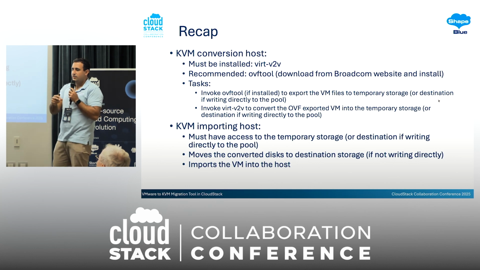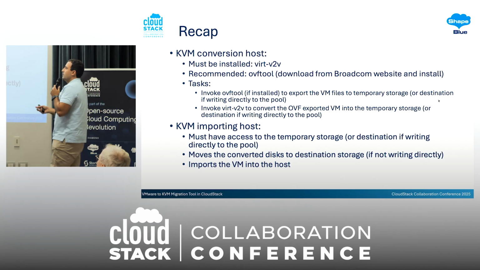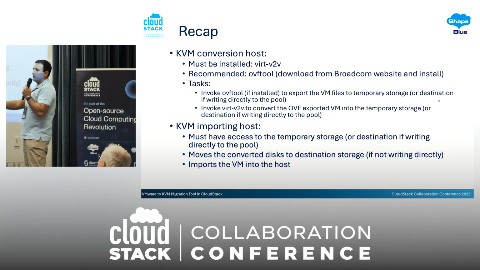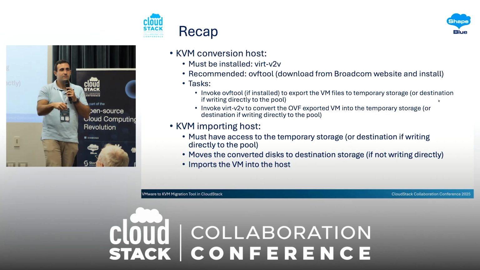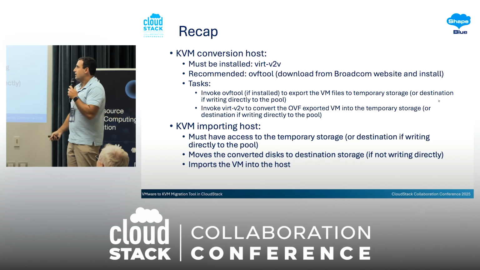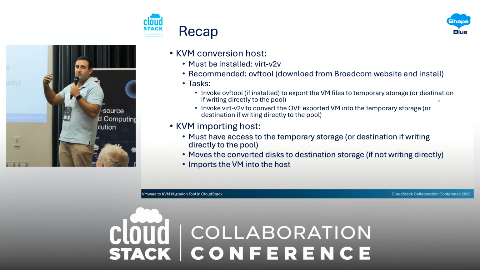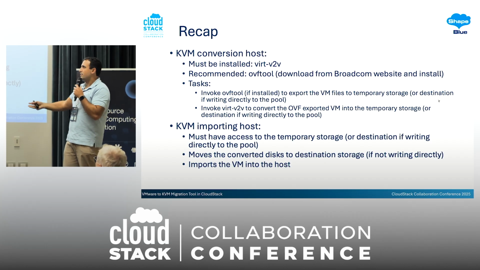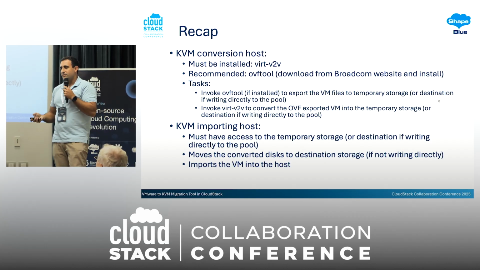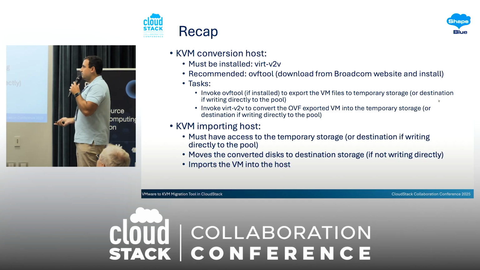It will take the VMDK files and convert them to QCOW2. Then we'll have a KVM importing host, which needs access to that converted disk, and will import it into CloudStack. In some cases, the KVM import host and the KVM converting host can be the same, and the tool will allow you to select.